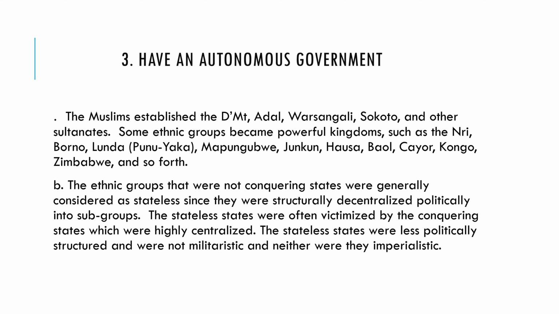The Muslims also established their own political states like the Adal, Wasangale, Sokoto, and other sultanates. Some ethnic groups became powerful kingdoms such as the Inri, Bolo, Lunda, Jonkun, Hausa, Bao, Kayo, Congo, Zimbabwe, and so forth.